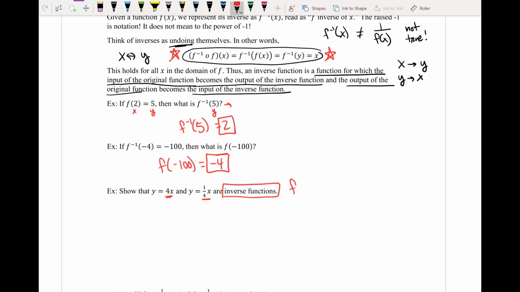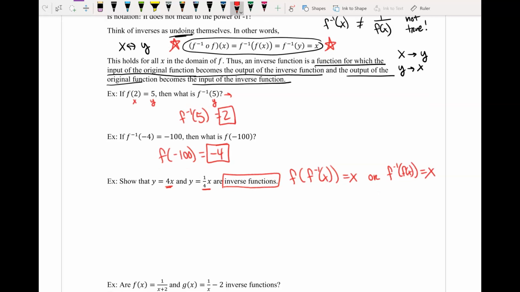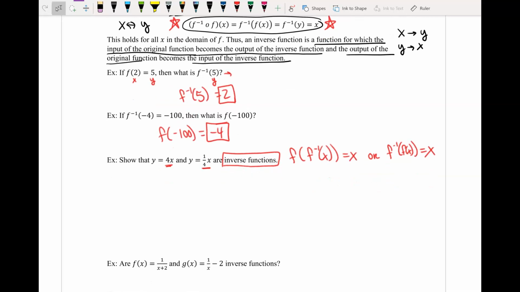Plug the inverse function into the function itself, and you should get x. Or you could do the other way around, put the function inside the inverse, and you should get x. If either is true, then you know they are inverse functions.